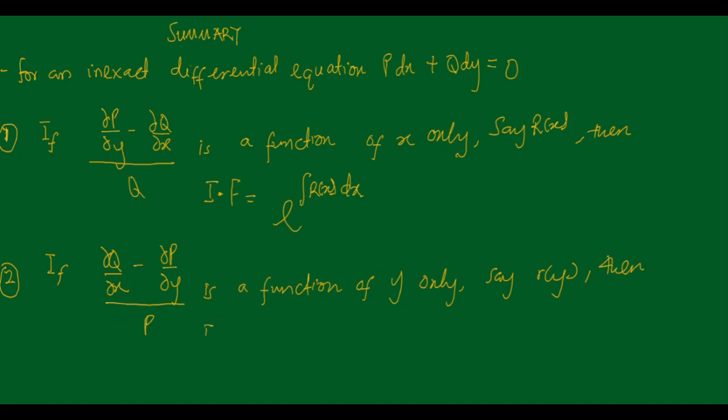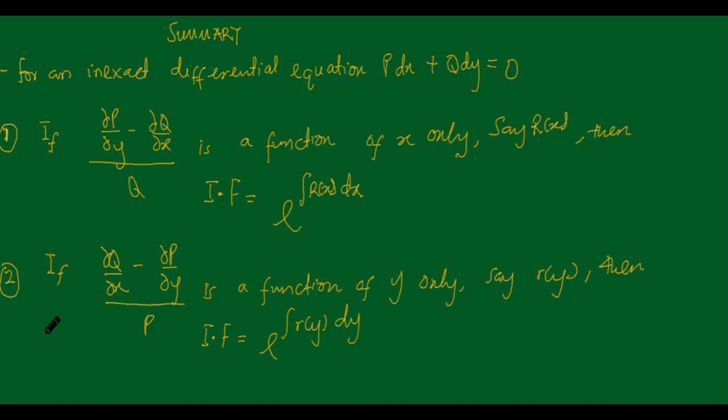Then we can say the integrating factor is equal to e raised to the power of the integral of r(y) dy, with respect to y. So this is the summary of the result obtained in the second case study.